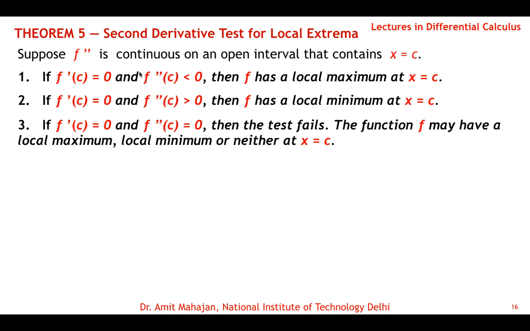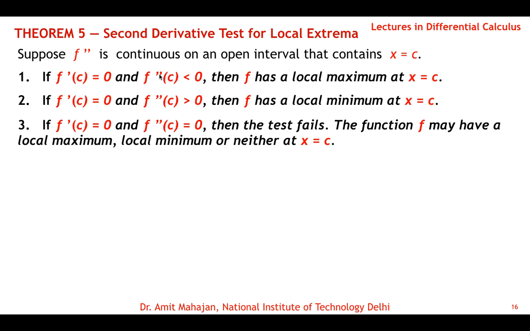Here the continuity of the second derivative is important, because if the second derivative is negative at this point and is continuous, that means the second derivative will be negative for all x points in the neighborhood of point c, so in the interval a to b containing the point c.